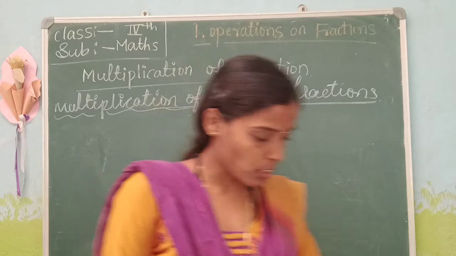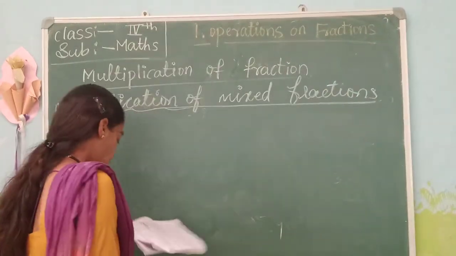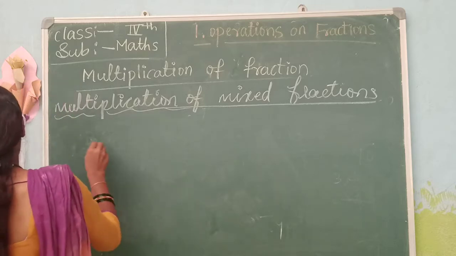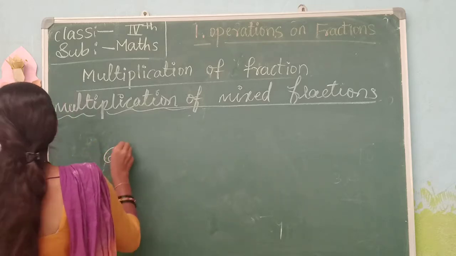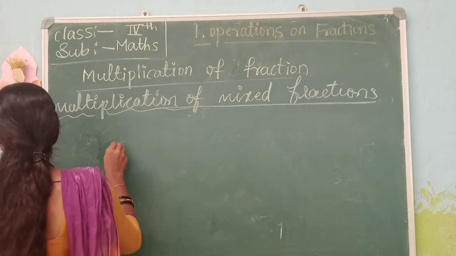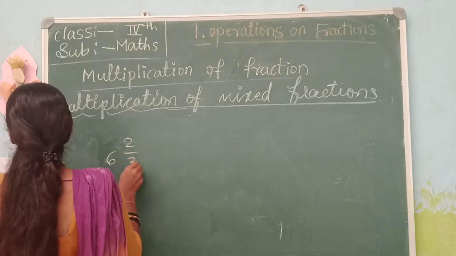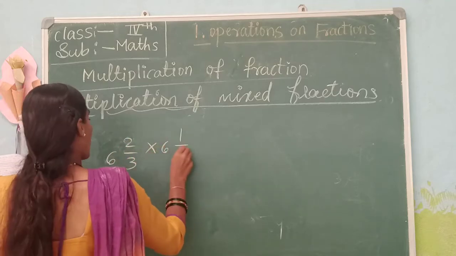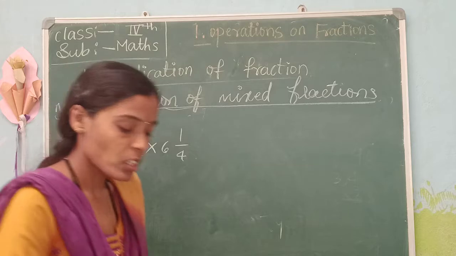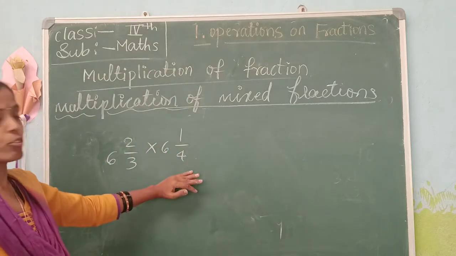Multiplication of mixed fractions. I am taking the example from your exercise 1.5: 6 of 2 by 3 into 6 of 1 by 4.